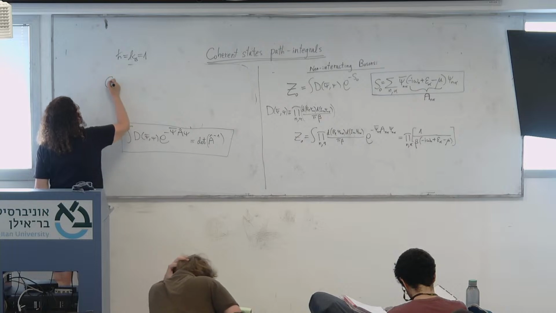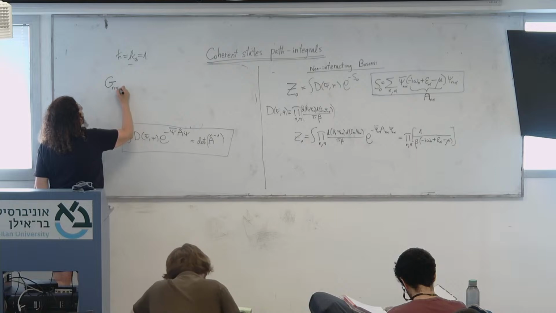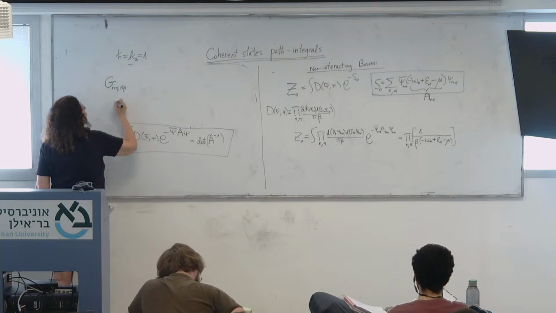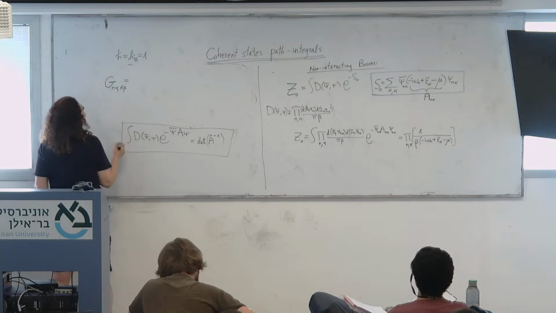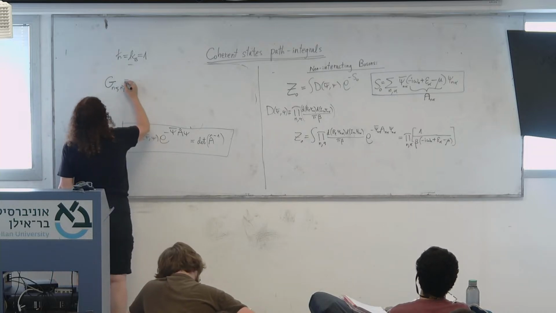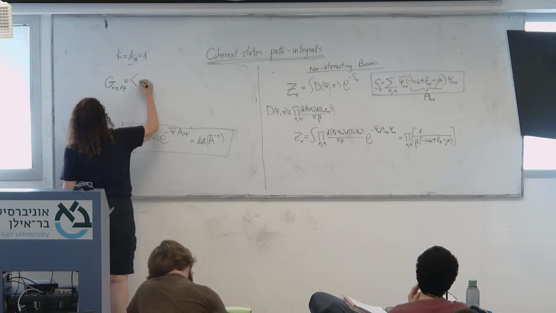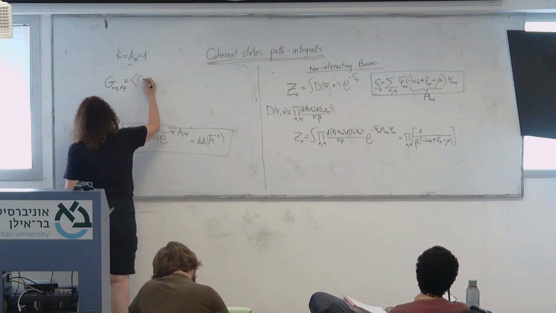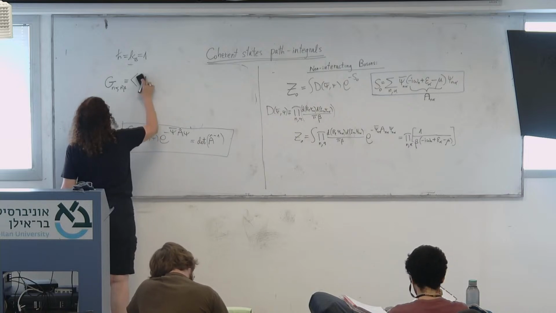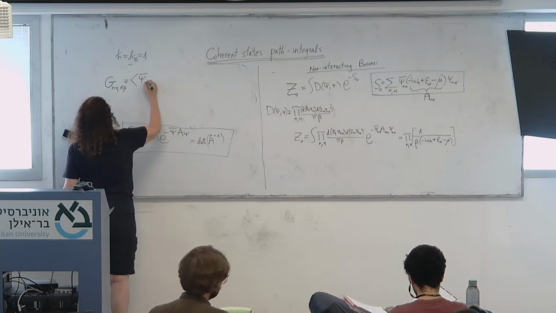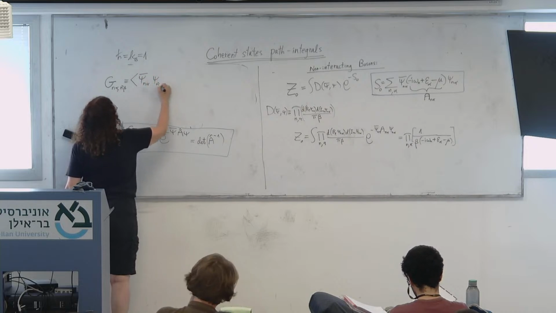It's a matrix, and its definition is an expectation value of psi bar alpha, psi prime beta.